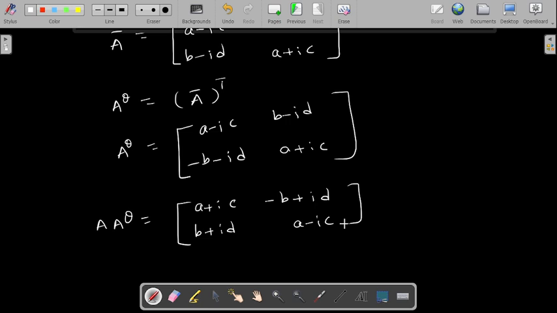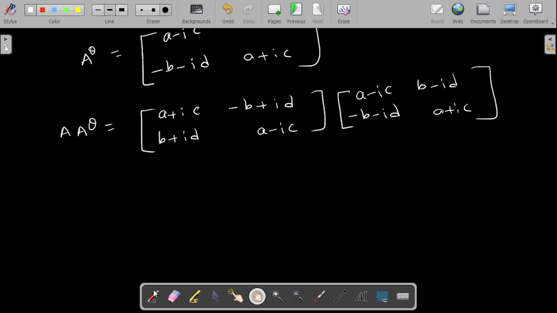This is a matrix into A dagger: A minus iC, B minus iD, minus B minus iD, A plus iC.